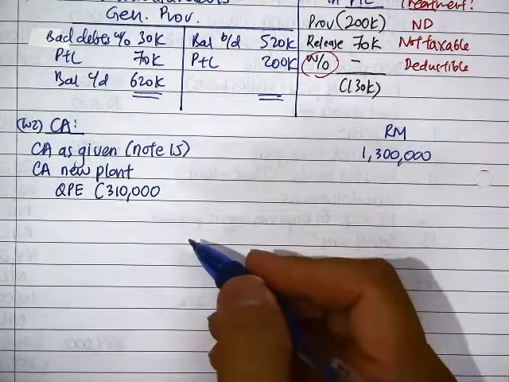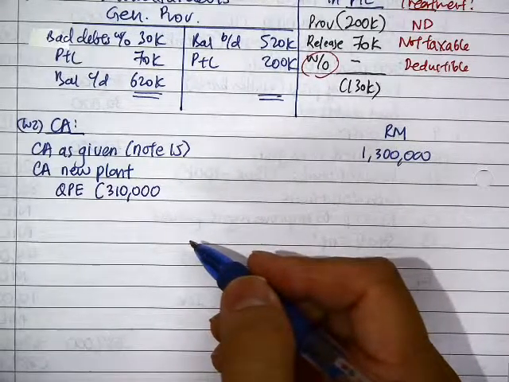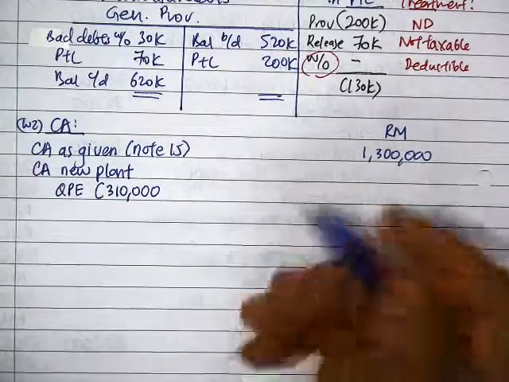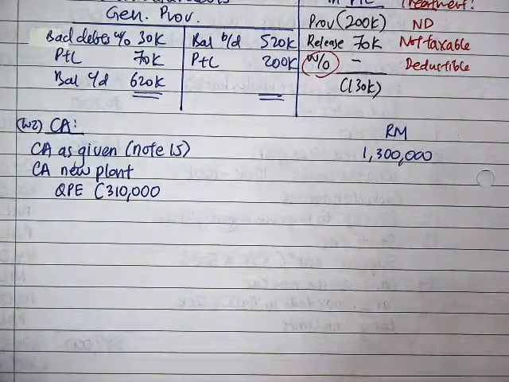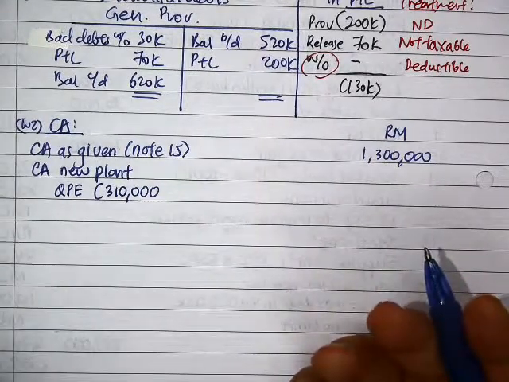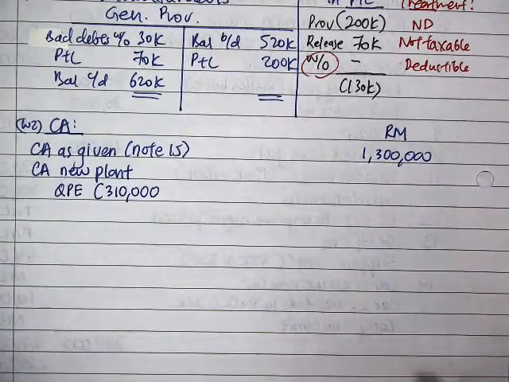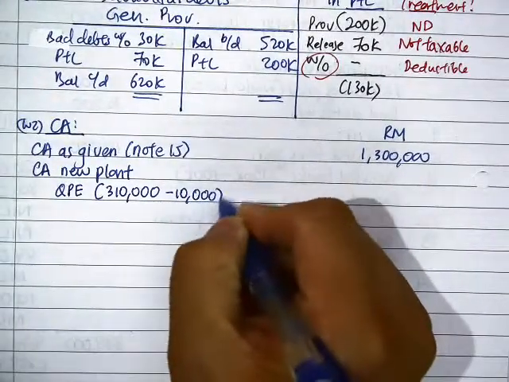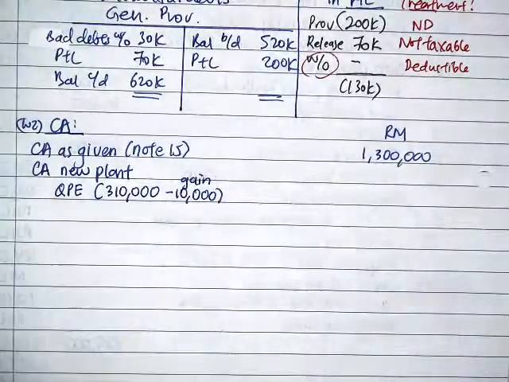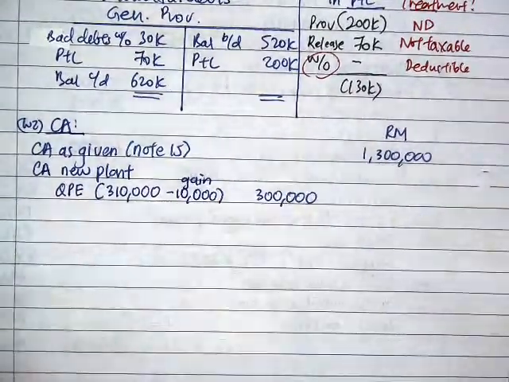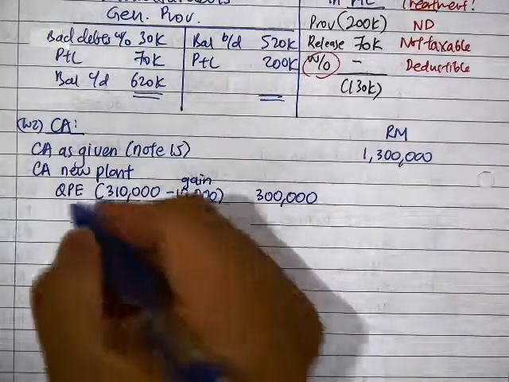You made a gain, so your cost goes up or down? If you made a gain, your cost is lower. You've gained already, how can it be higher? So you minus out the 10,000 because of the gain. So 300 is the QP.